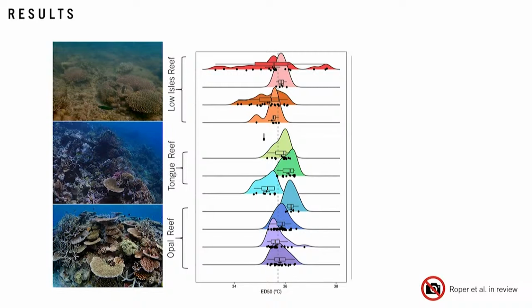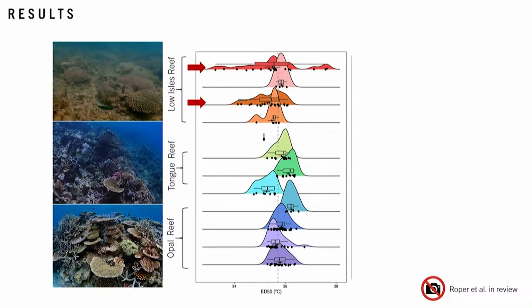So this is showing you the mean ED50 as well as the variation in ED50 across the 12 habitats for the 3 reefs, Opal, Tongue, and Lowell's reefs. So we found that there was a significant difference in ED50 between the groups, with Tongue and Opal Reef having the strongest performance.